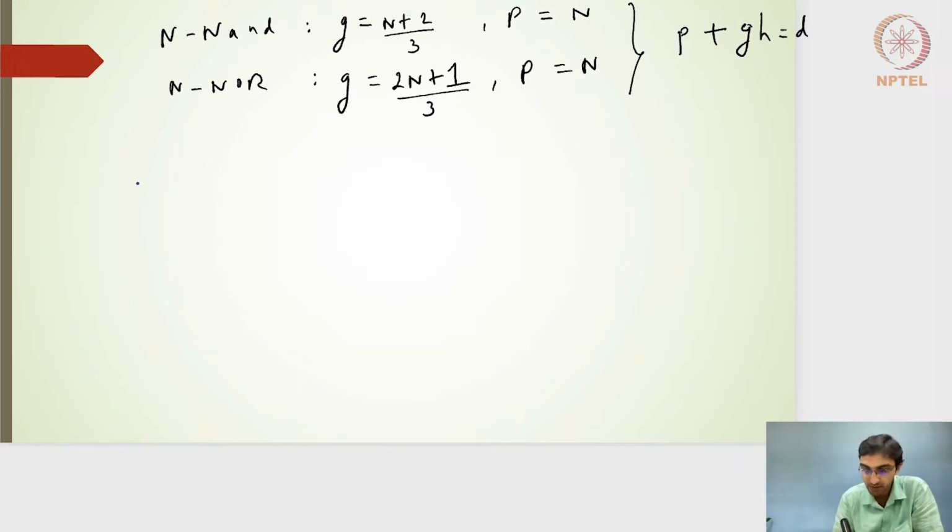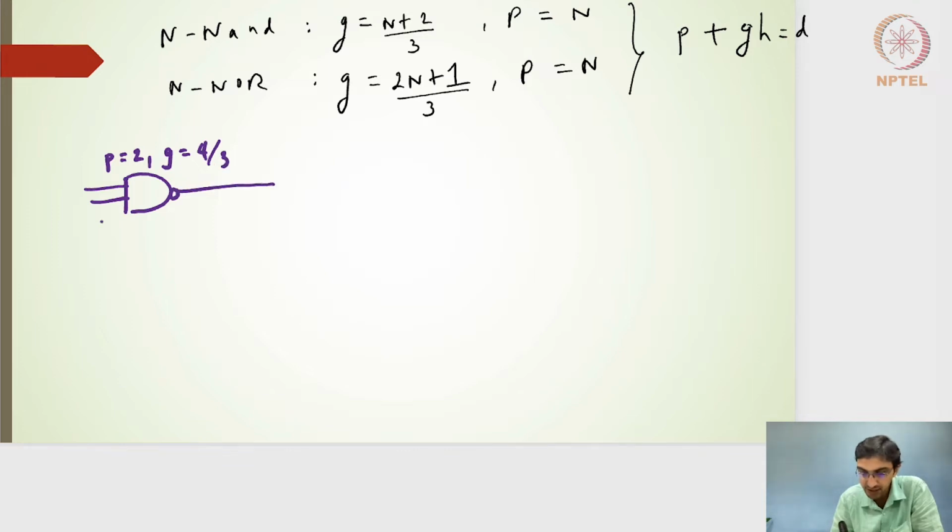Take a very simple example of a NAND gate, a 2-input NAND gate. I will have the P value as 2, and the G value for this NAND gate is 4/3.